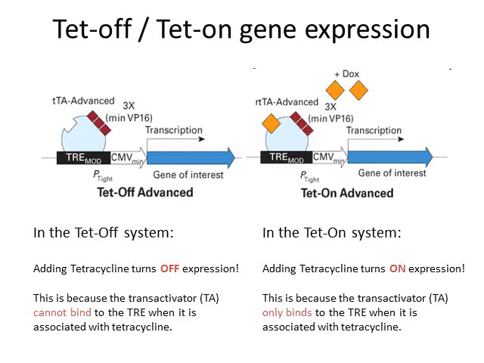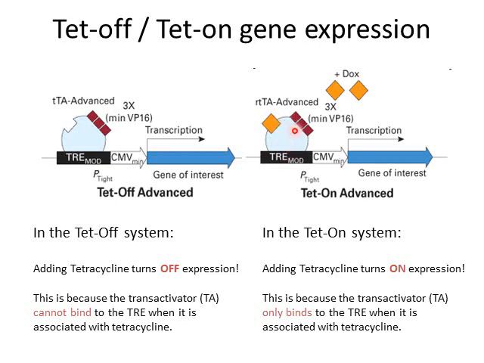Now what actually happens is this TET repressor protein only binds to the TET response element when doxycycline is present in the growth media. So when you add doxycycline to the growth media, doxycycline binds to the TET repressor protein, and that causes a conformational change in the protein which allows it to associate with the TET response element.